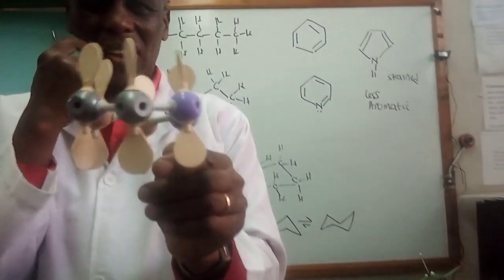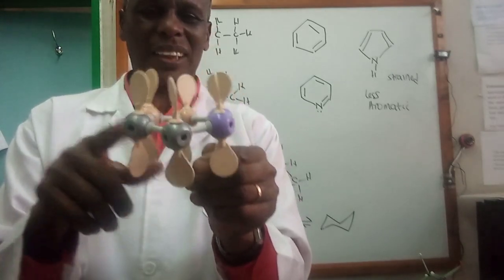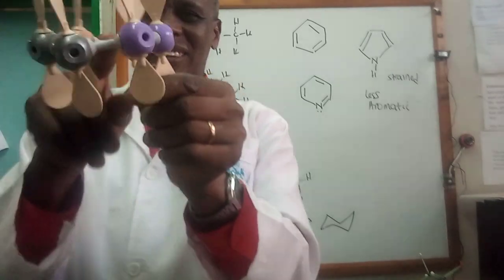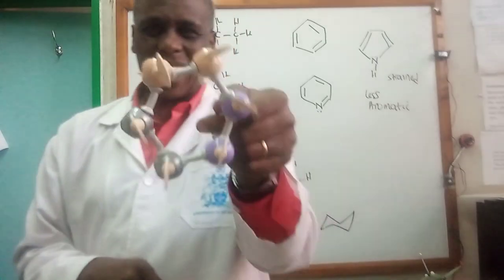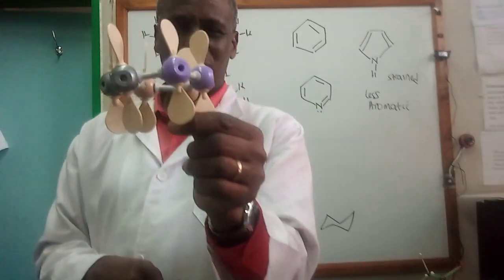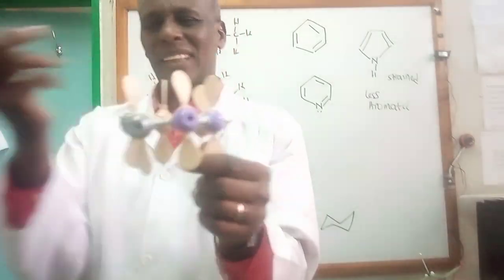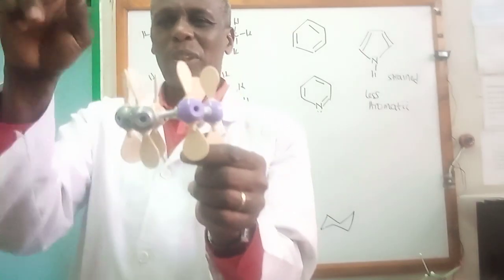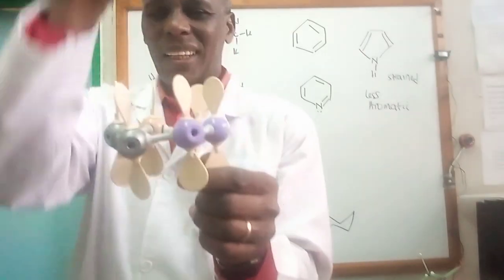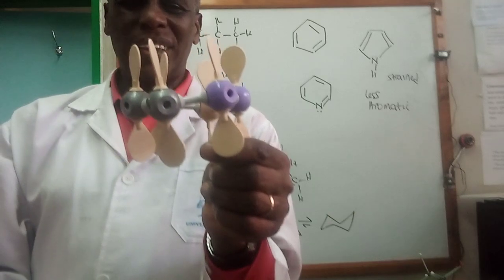What you can see here is that this structure is now flat. It's now flat, and then the p orbitals are okay. It being flat, you can say it's along the x and y axis. So the p orbitals are along the vertical direction, which you are going to call the z axis.